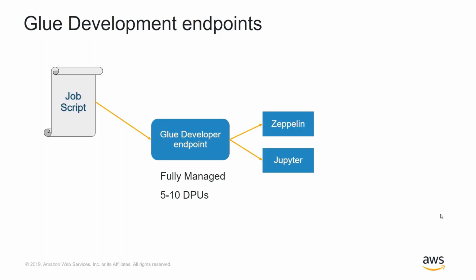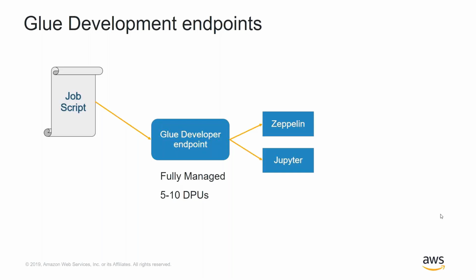A lot of people are already familiar with them. They copy paste the script that was generated by the script generator into these notebooks, and you get to play with it. You get to interact with this code. You get to fully understand what this job is going to do, which is a perfect way of developing the script.